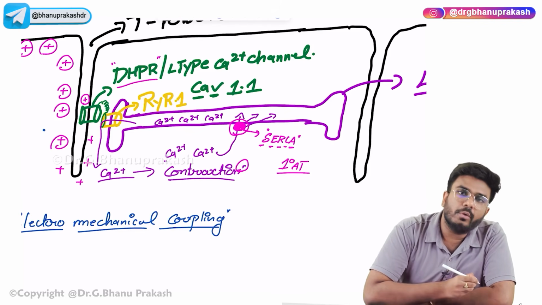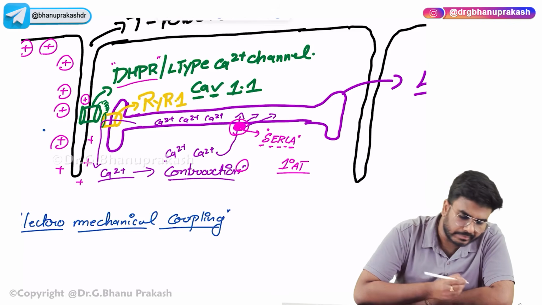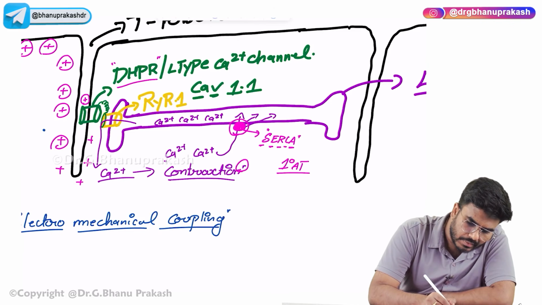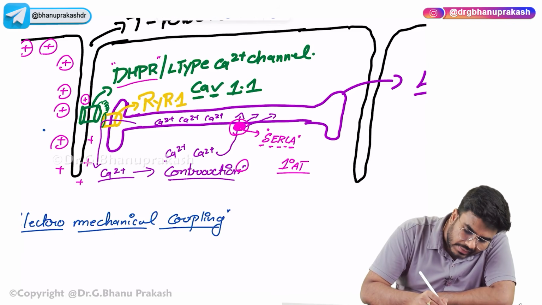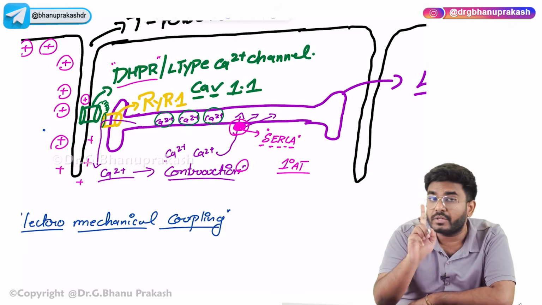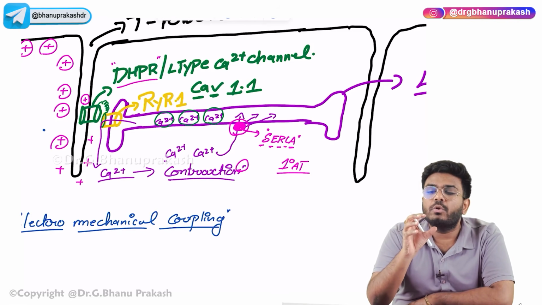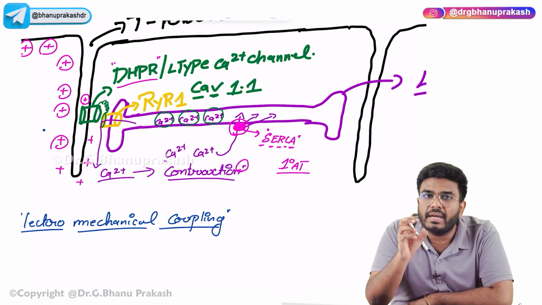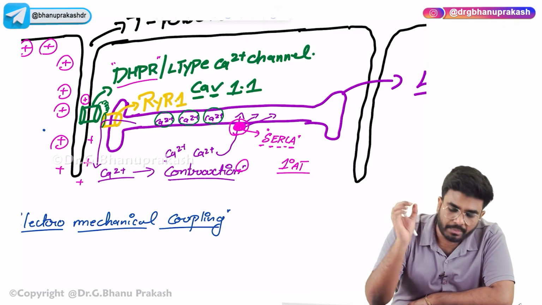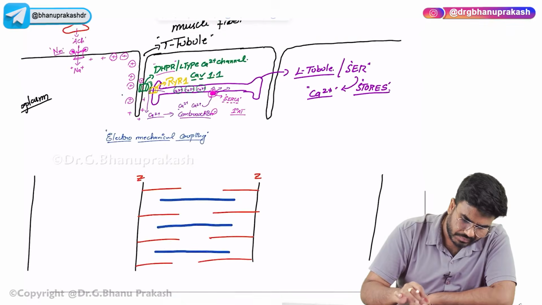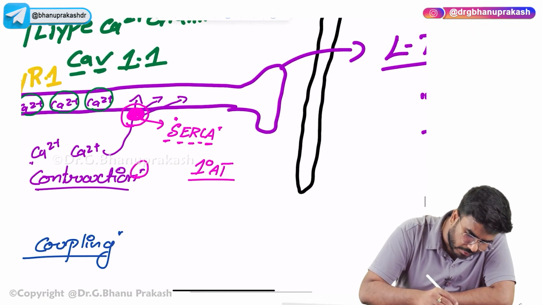Now, within the sarcoendoplasmic reticulum, this calcium should not be in the free form. It should be totally bound with a protein. So, what is the calcium binding protein? Let me write here itself.